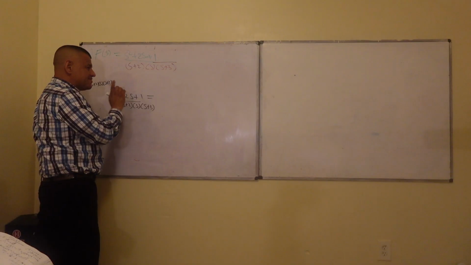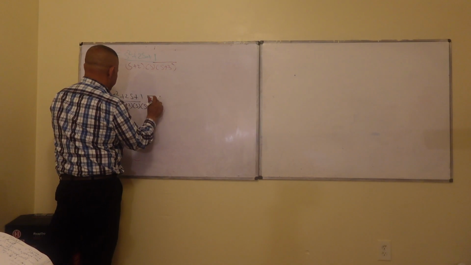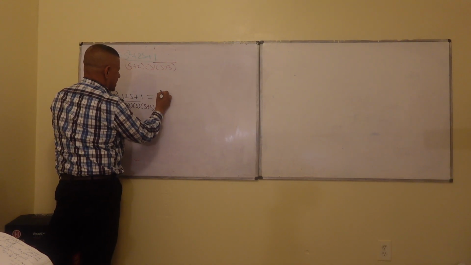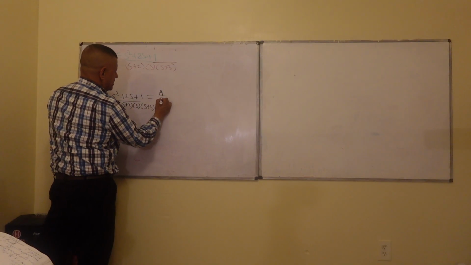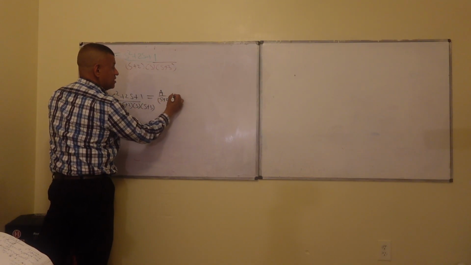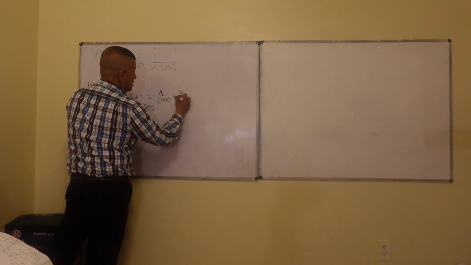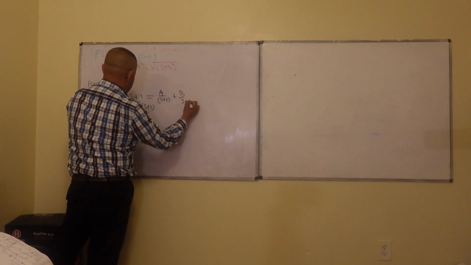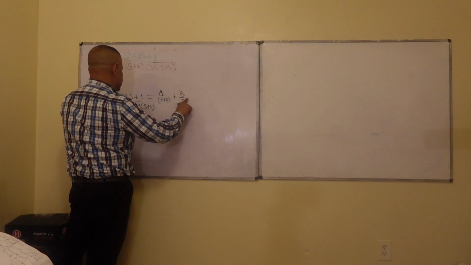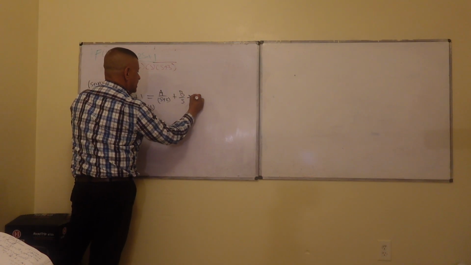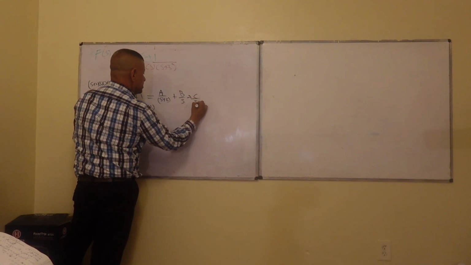So I need A, B, C: A over s plus 2, B over s, and C over s plus 3.